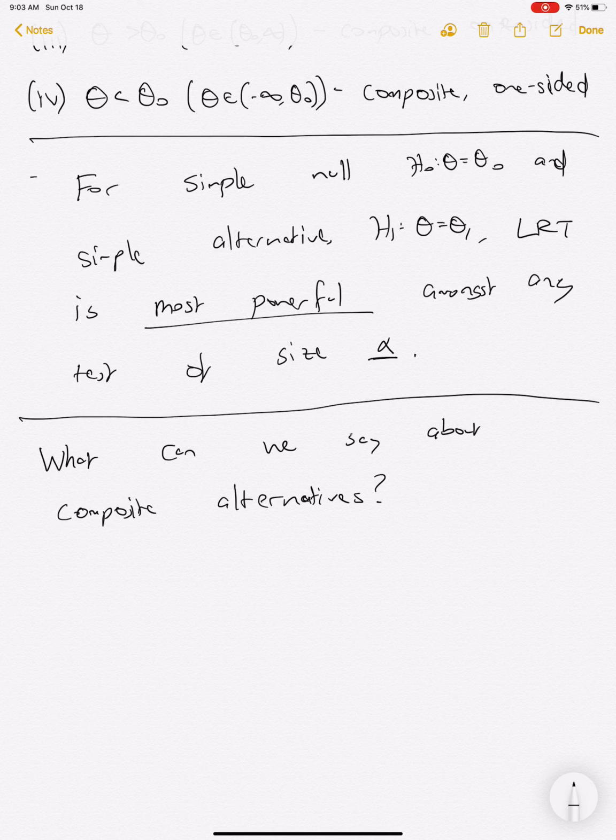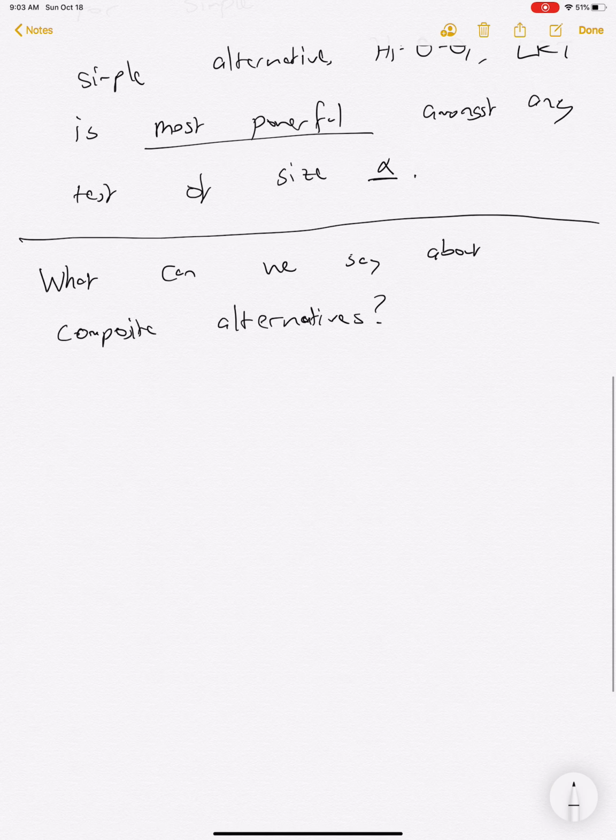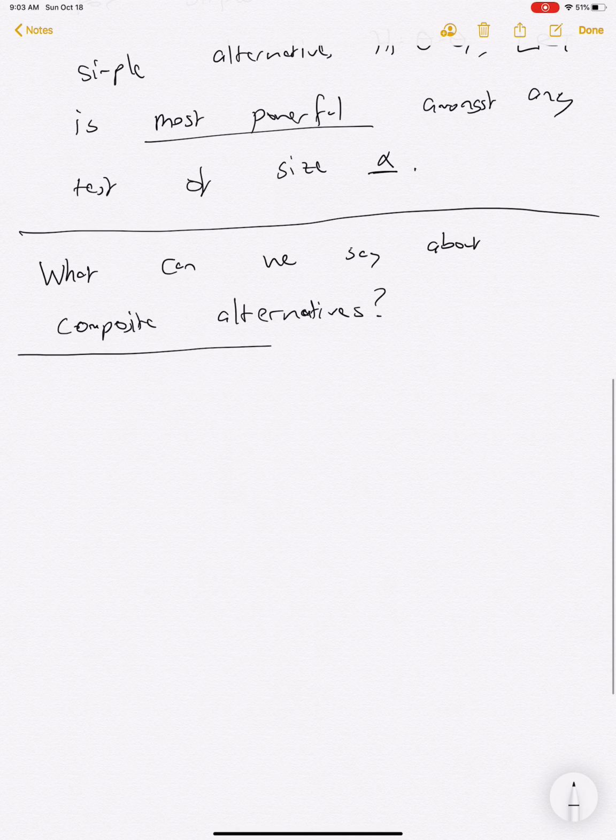But today we're going to see how we can use what we already know about confidence intervals to say something about hypothesis tests when we have composite alternatives. We'll also see that you can use this idea to get new confidence intervals as well. To motivate this, we're going to begin with an example that we're very familiar with now.